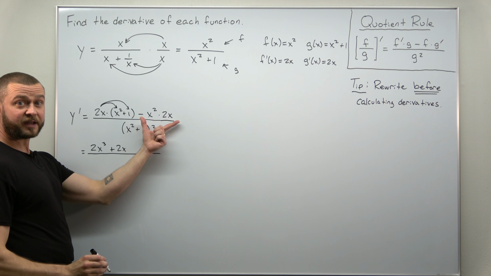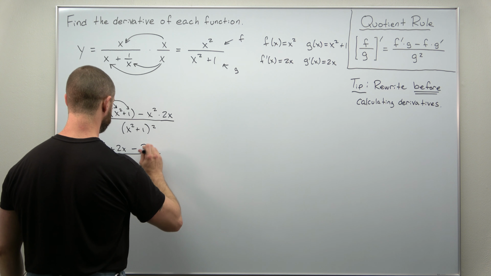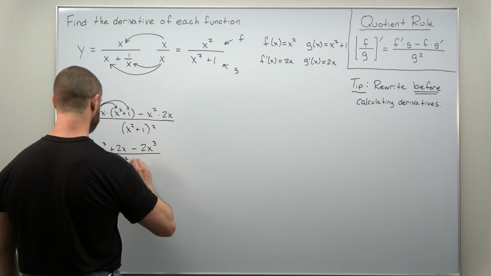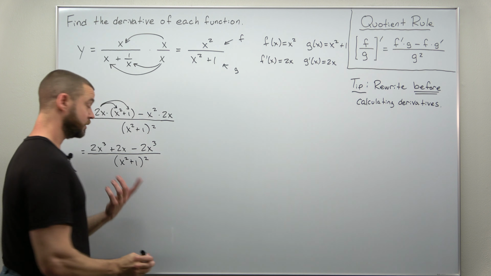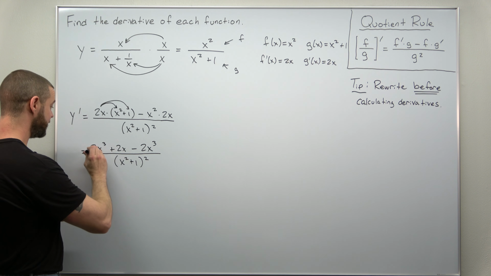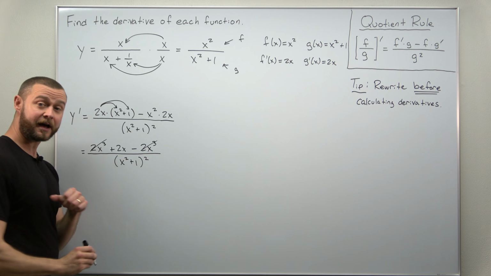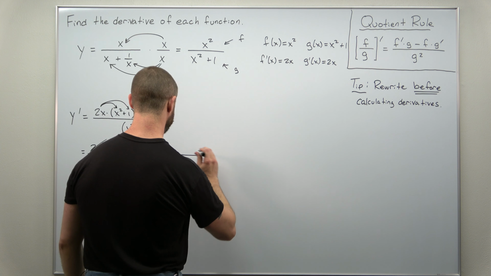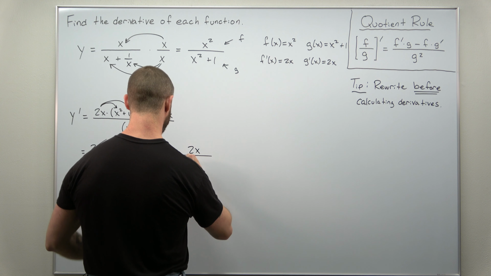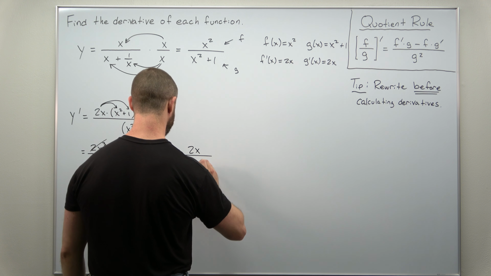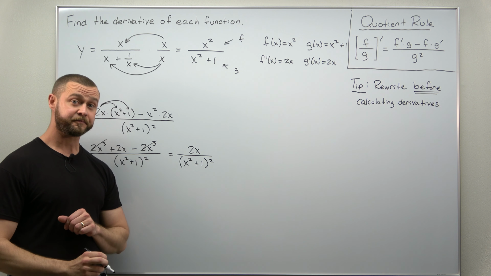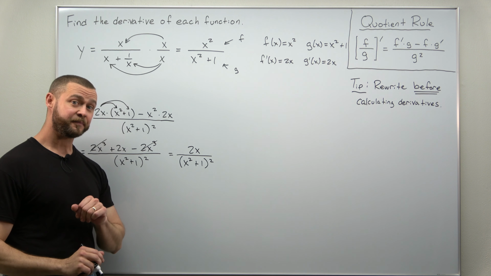And then here, we'll just write that as minus 2x cubed. And that's all over x squared plus 1 squared. Go ahead and cancel those like terms out. They subtract out. And we're just left with 2x over x squared plus 1 squared. And that's it.